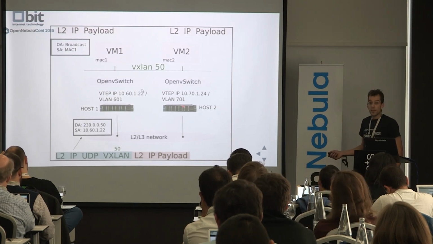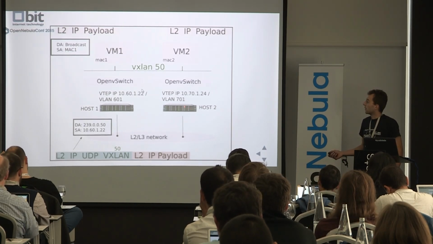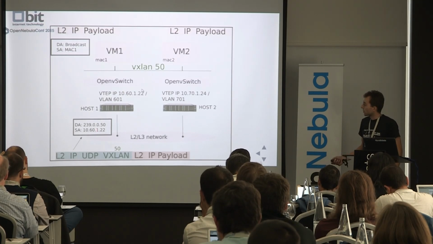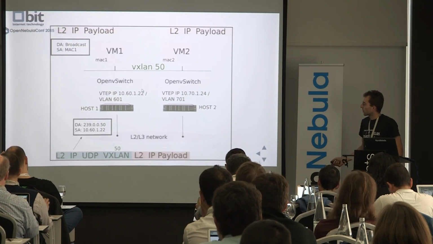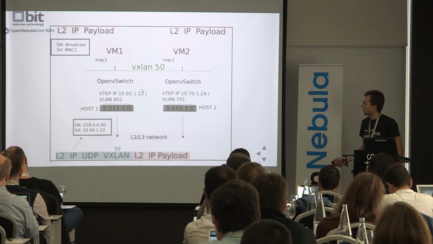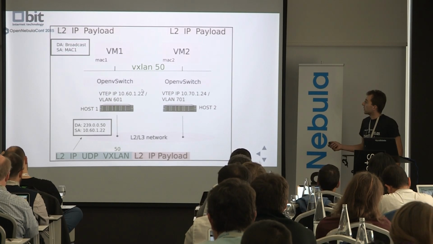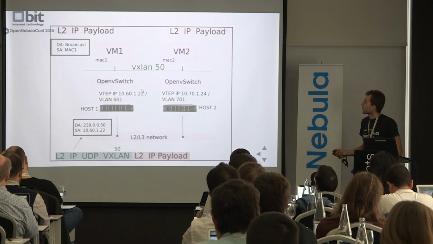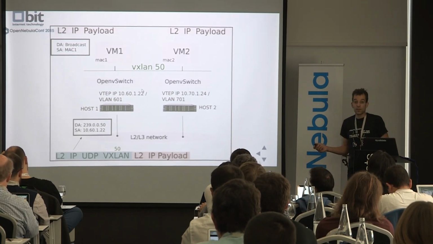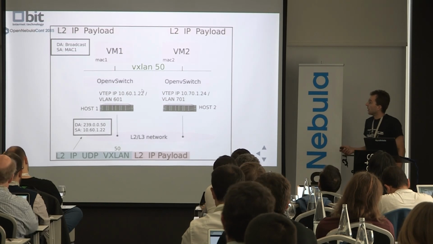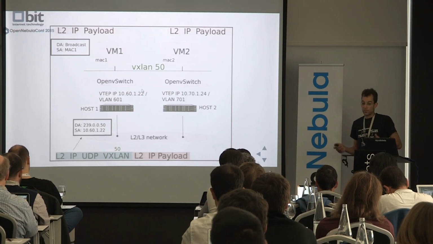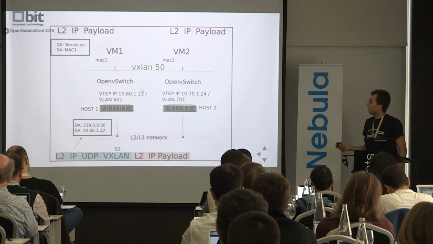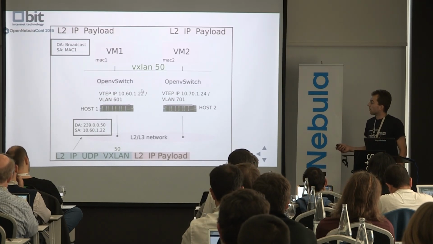The host will de-encapsulate the packet and strip off the extra headers, which are the VXLAN overhead, and you'll just have the layer 2 payload, which is delivered to this virtual machine. So actually it's just a tunnel, and it uses multicast in a clever way to avoid too much traffic going through the switches.